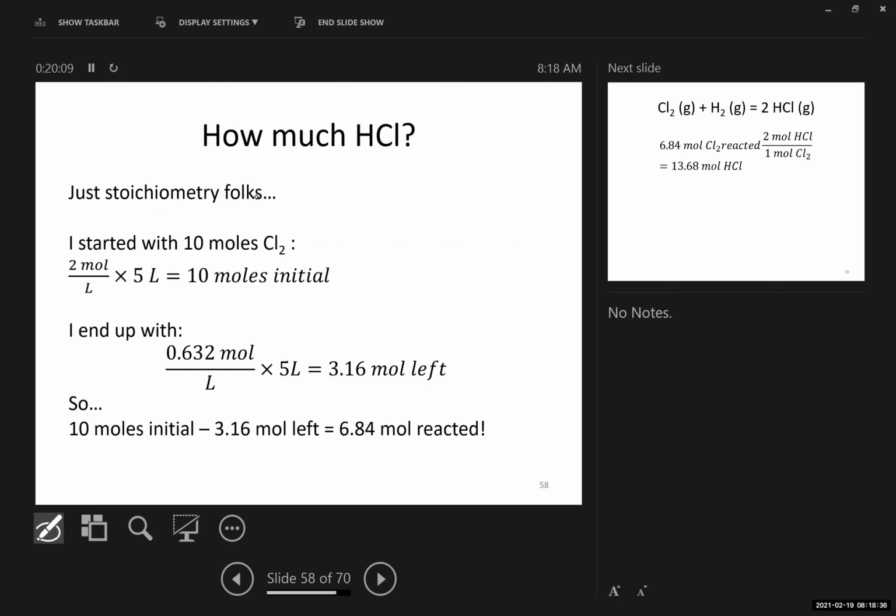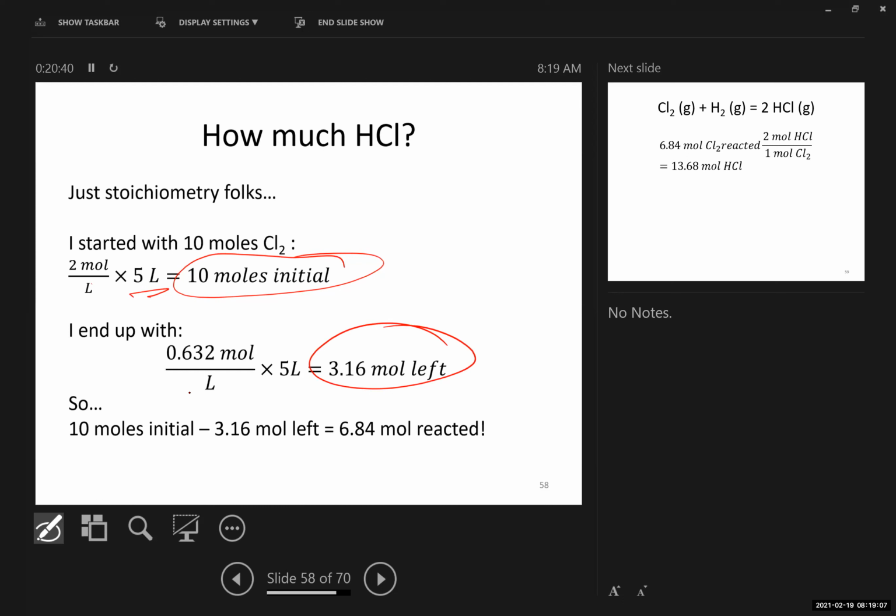So if I look at my initial amounts, I changed it to moles. You could do it in molarity, but some people get confused by that. I had a 5 liter flask with 2 moles per liter. There were 10 moles initially. There are 3.16 moles left. Again, technically, stoichiometry does not apply to either one of those numbers. The stoichiometry applies to the amount that actually reacted, which is the difference between what I started with and what I ended with.